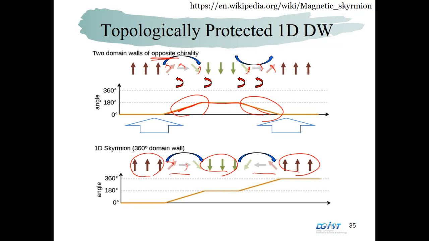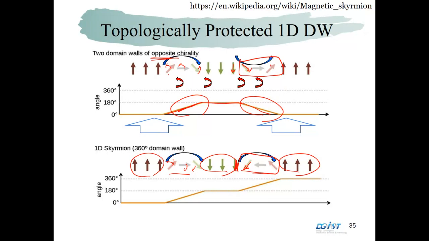Here, the domain wall is moving in this direction, and those parts are not the same. Beside this spin, they prefer this direction, while they prefer this direction.